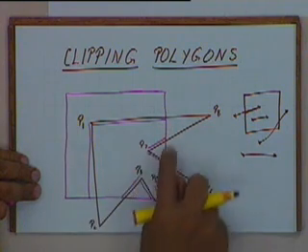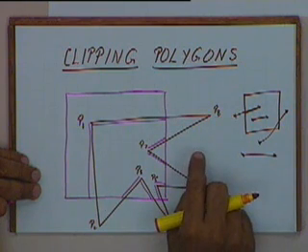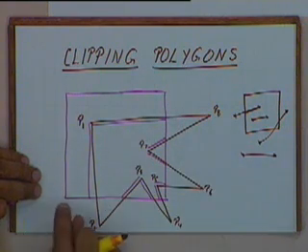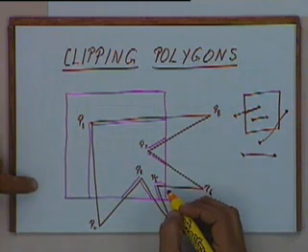It won't be clipped into a closed region. Initially the polygon was a closed region. Once we do the clipping, we still want to retain this as a polygon, as a closed region.